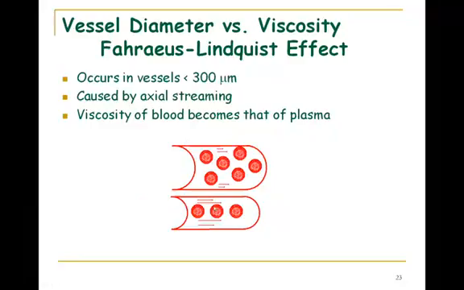It has to do with physics, and I really don't want to get into it, but pretty much these cells get pushed to the center. So you have a cell-free zone near the sides of the tube. As the lumen of the tube decreases, that zone becomes a little bit larger, until you get to the capillaries. We're going to mention that again in a second.